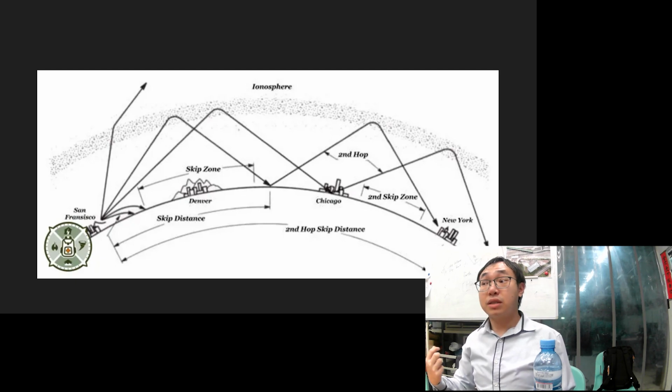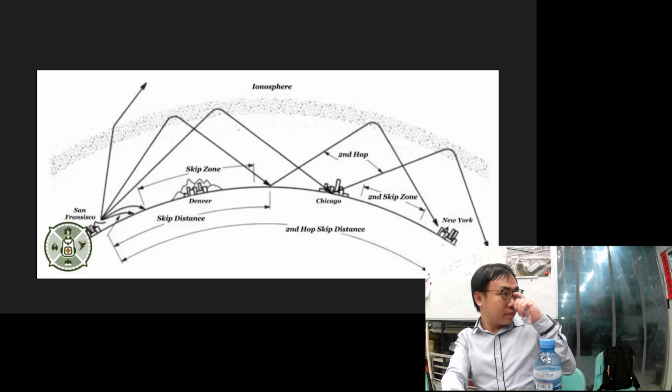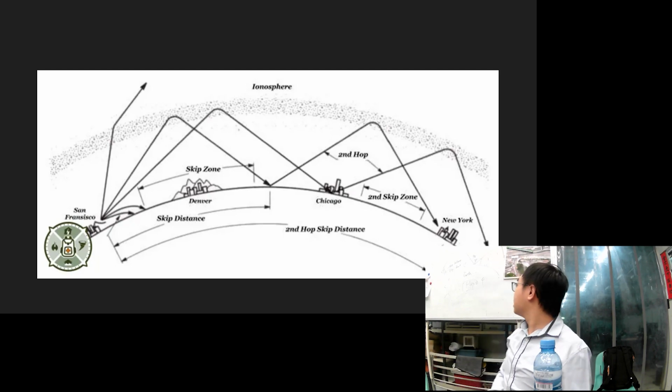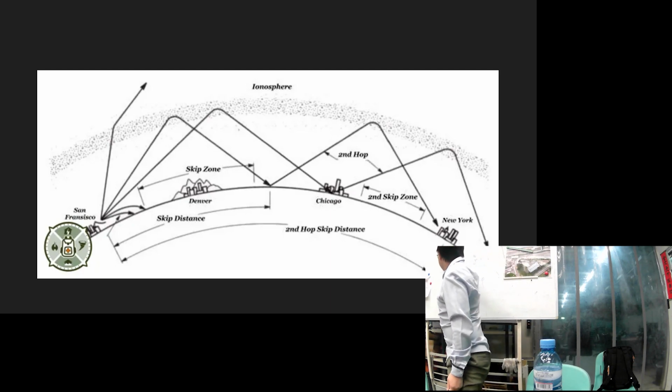But the signal becomes weaker and weaker, and eventually it will die out. Sometimes you can see some books saying skip zone, skip distance, or dead zone. Dead zone, yes, dead zone. But they are equivalent.